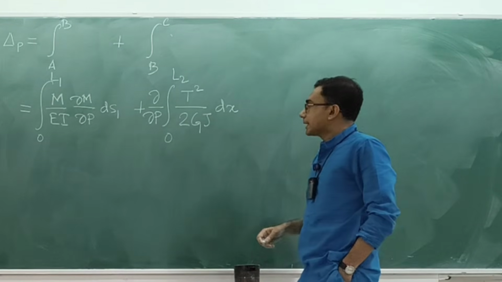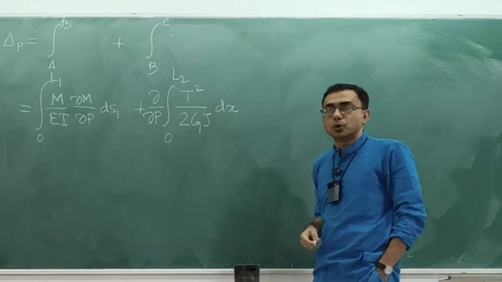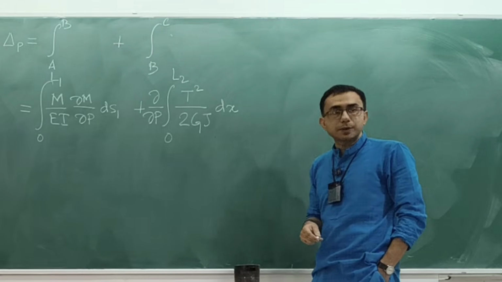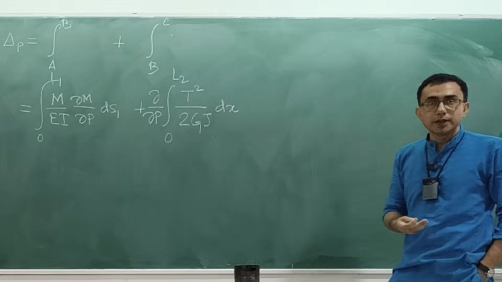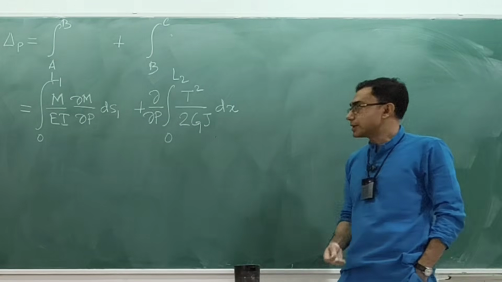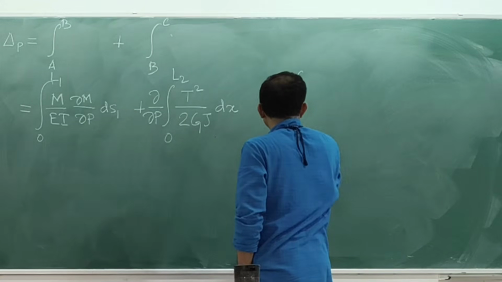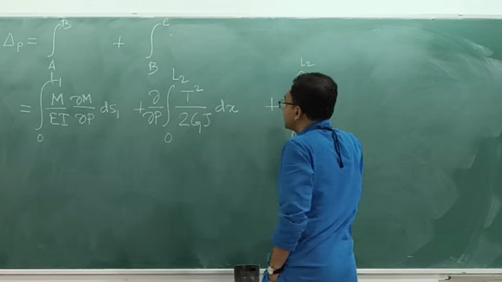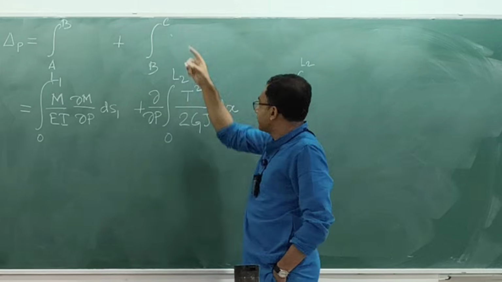If you are wondering where this has come from, please flip back to your notes where we found out the different expressions for the U, the strain energy corresponding to torsion, to bending, to shear, etc. Next, again 0 to L2. See, this 0 to L2 corresponds to this BC.